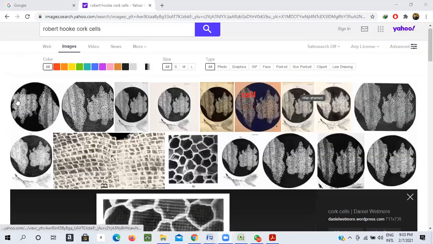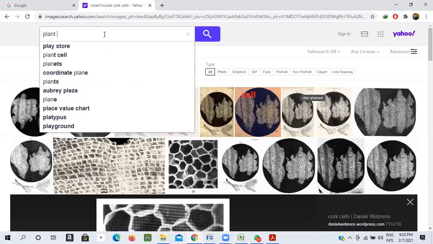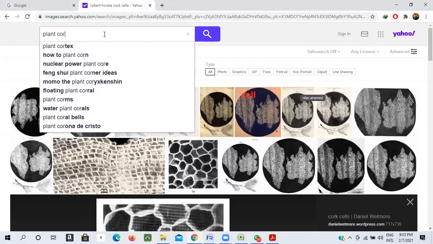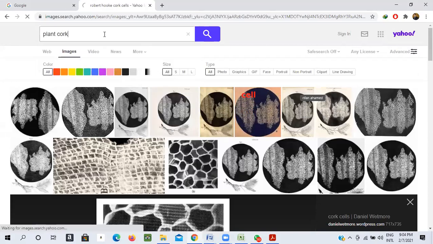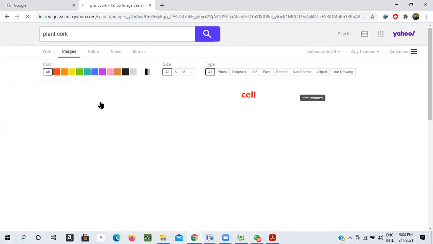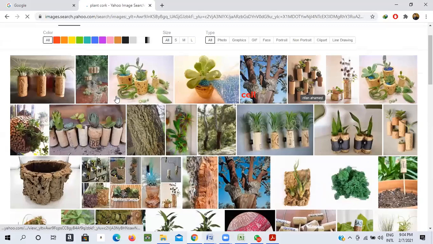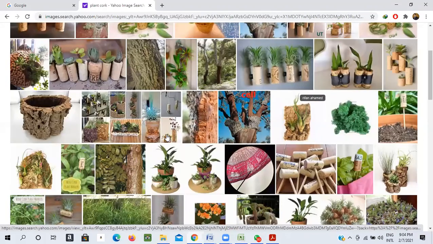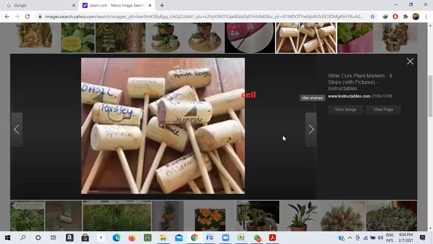So, cork is a material that you would have seen on the top of bottles, a wood-like material.